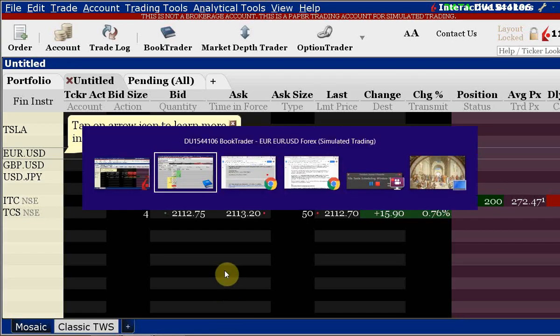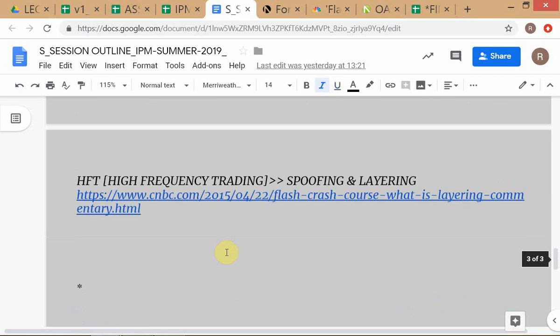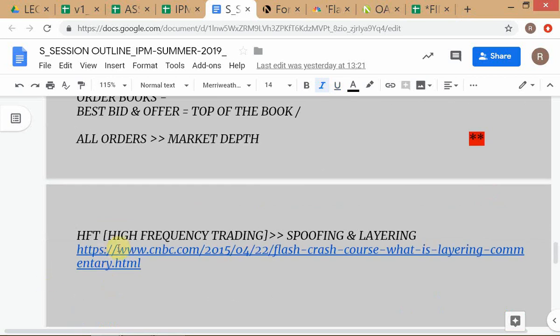All right, so the next topic is, you should also learn this term, high frequency trading, in this context, because this is the context in which the spoofing and layering debate really comes up a lot. So HFT stands for high frequency trading, which is nothing but, and these are your notes, so I'll just write it here.